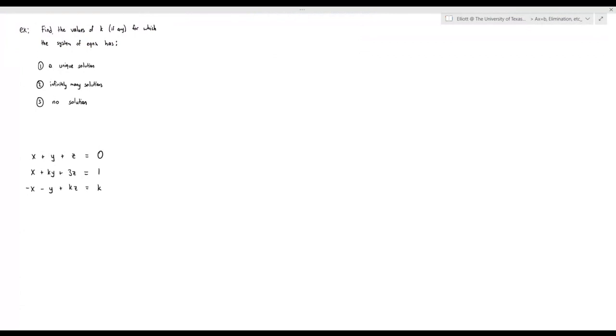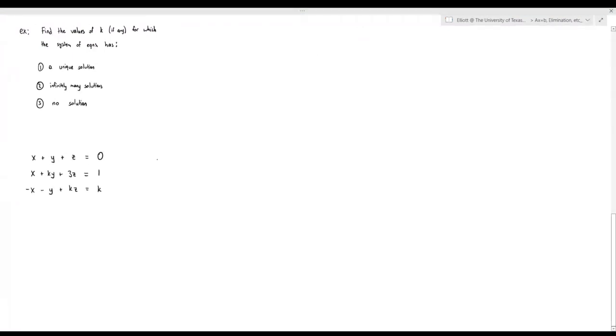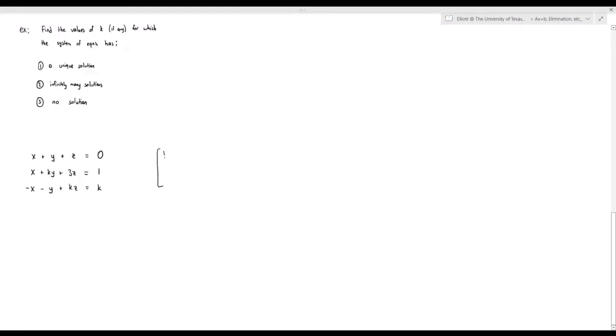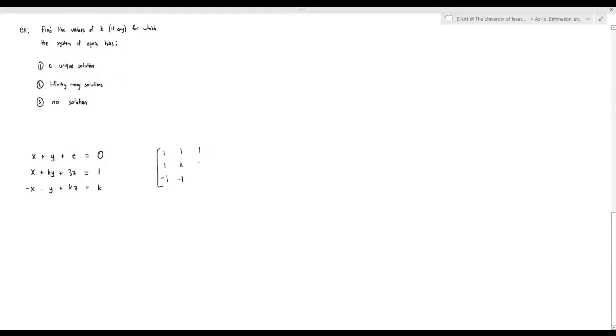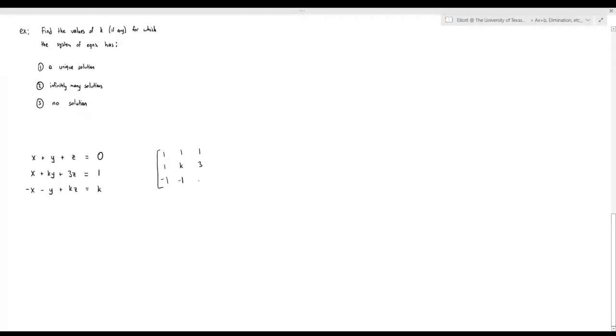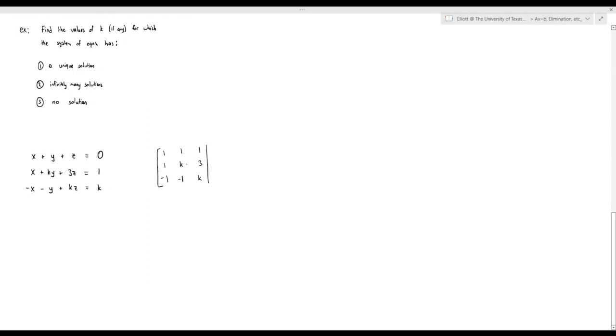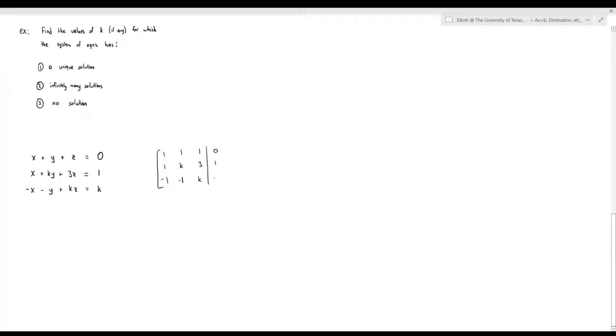Basically, you want to start by doing elimination. So I'll create the augmented matrix for the system of equations. So k, being a coefficient of some of the variables, is going to appear within the augmented matrix like that. And it's also on the right-hand side, so we also have a k over here as well.